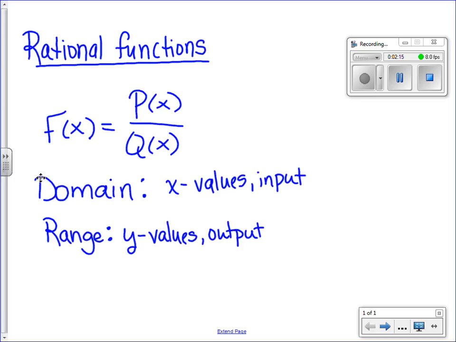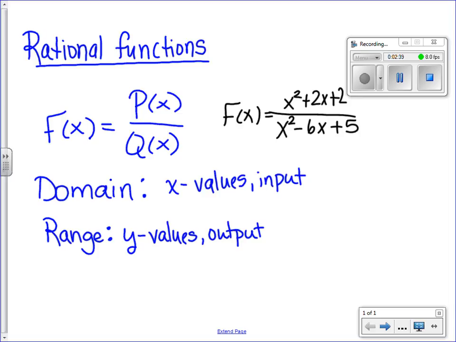If I'm looking at this particular problem right here, with a problem on top and a problem on bottom, are there things that can't be in the domain?